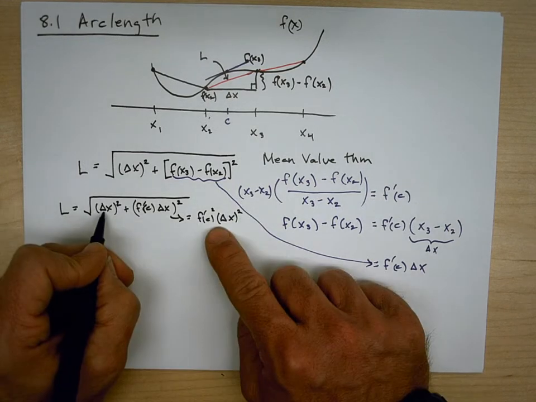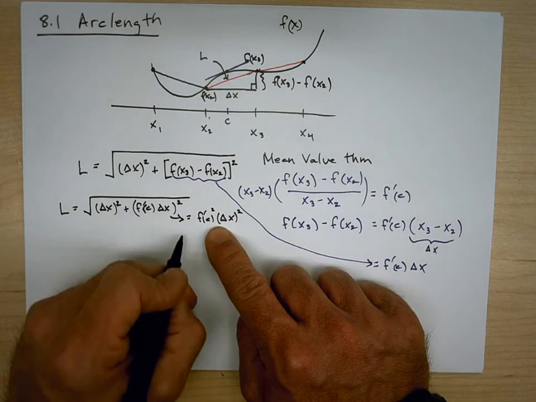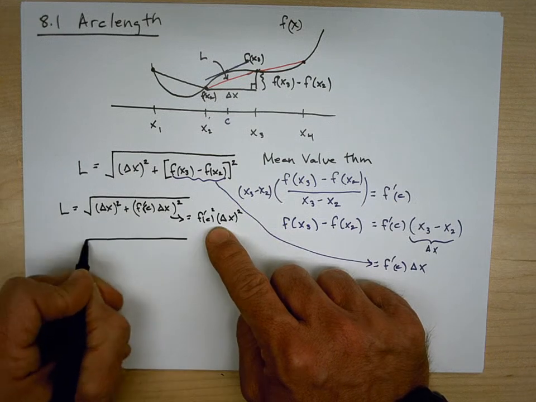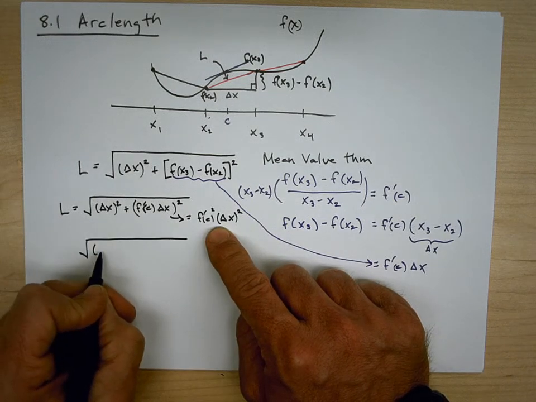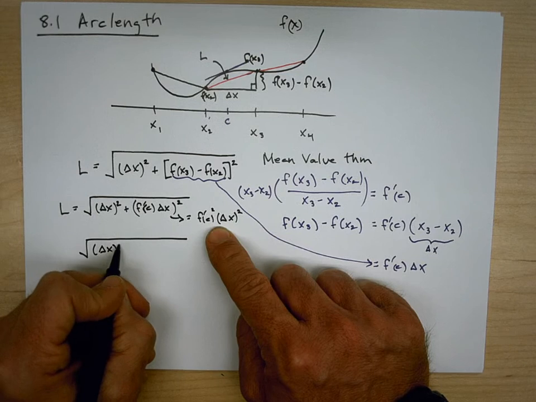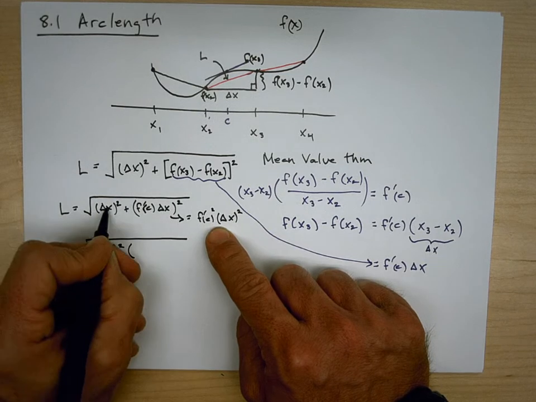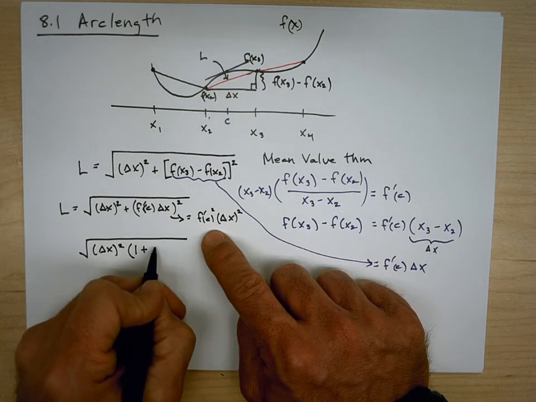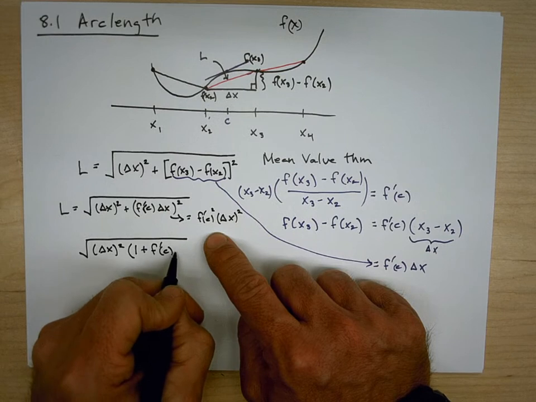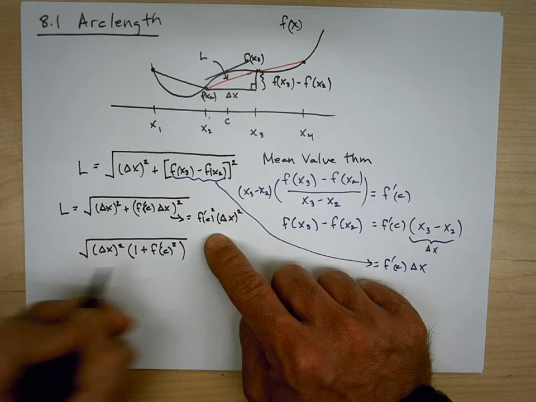But now I have a delta x squared in both of these terms, so I can factor that out. If I pull out my delta x squared, I'm left with a 1 plus f prime of c squared.